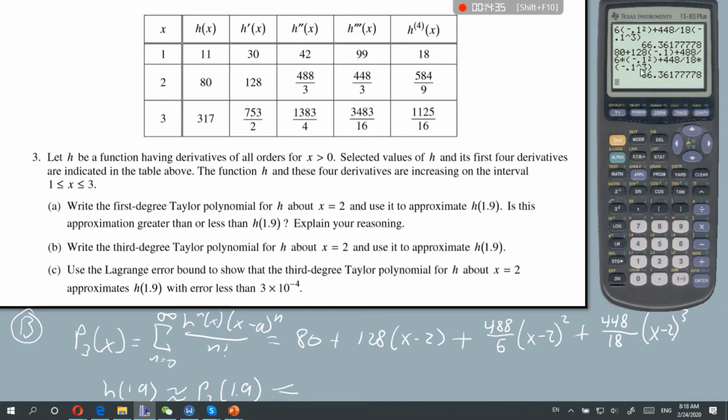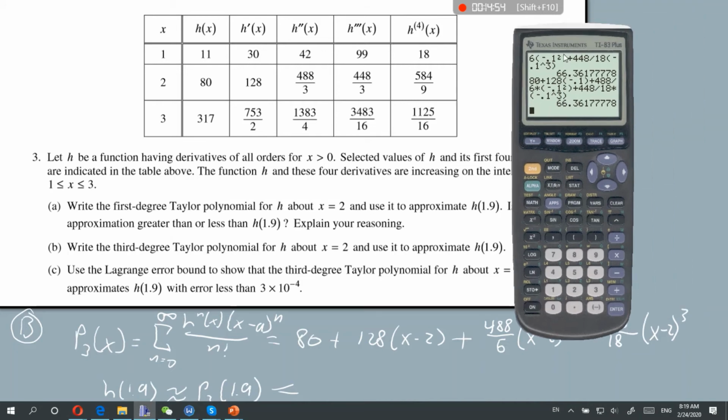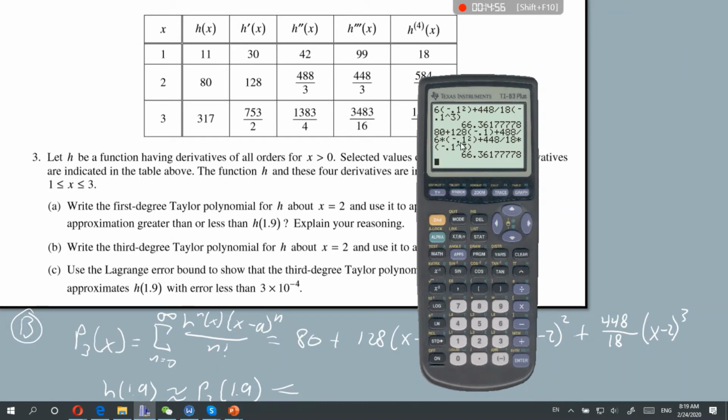Well, I don't see anything. Maybe I did this wrong the first time. Oh, I think the square and cube should be outside the parentheses, because if the square is inside, that's going to be negative, isn't it? Yeah, I see what you're saying.